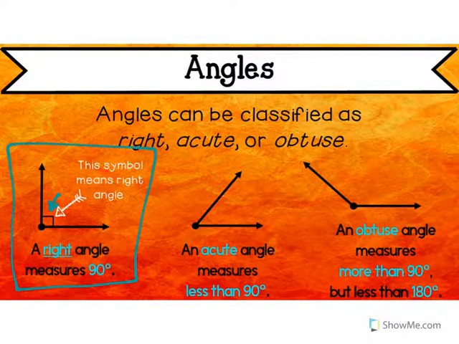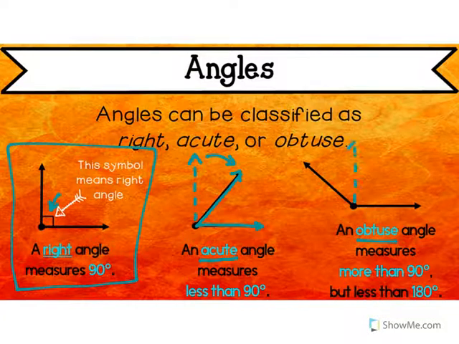An acute angle is a small little angle, so that means it's smaller than 90 degrees. See, 90 degrees would have been right here before. This one's smaller because it fell on the right side of a right angle. Now an obtuse angle measures bigger than 90 degrees.